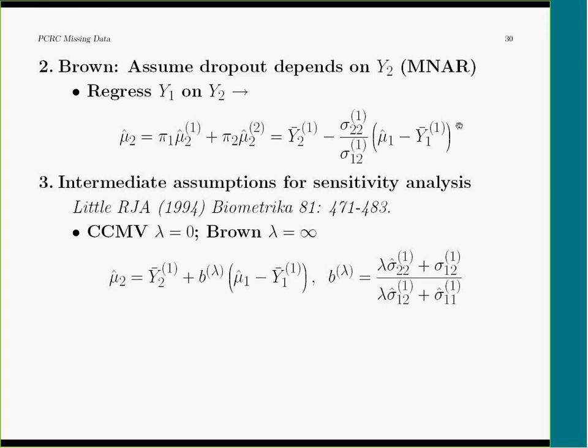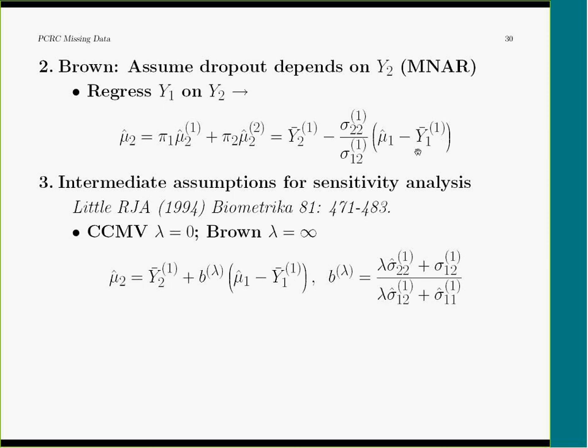Then Bill made a really interesting observation. He said that if we take this formula and lambda equals 0, we get the assumption for the missing at random, which is that first formula, and if we make lambda infinity, it is this formula.